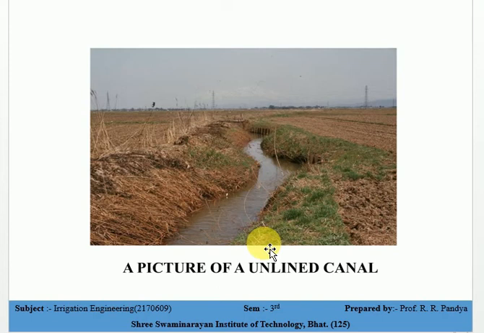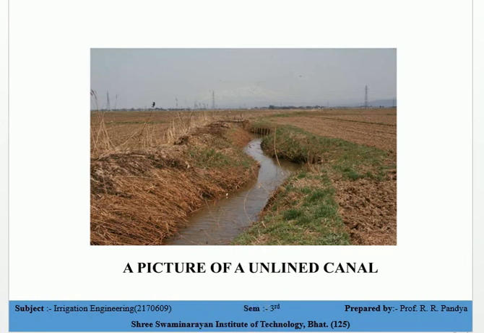So this is the basic understanding of the unlined canal. Also there is no smooth surface, and weeds growing along these boundaries will reduce the discharge flow. So these are the disadvantages of the unlined canal.